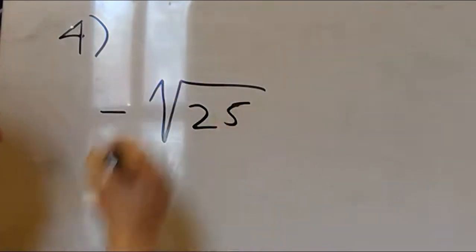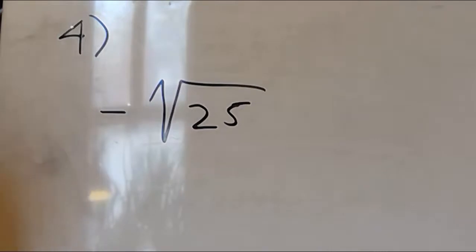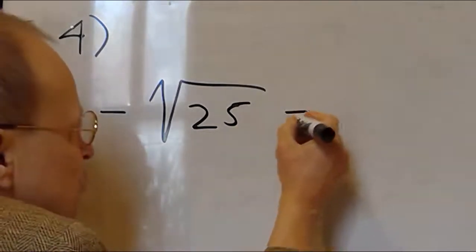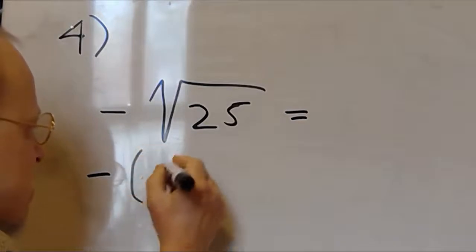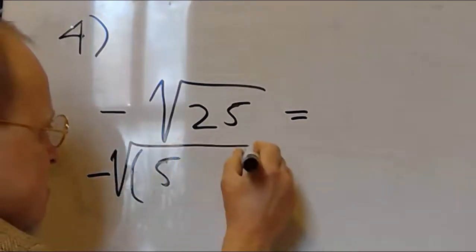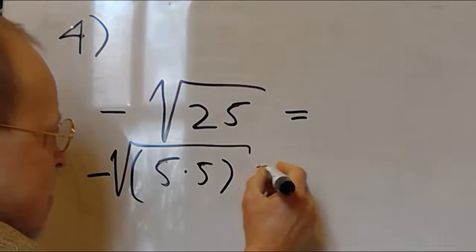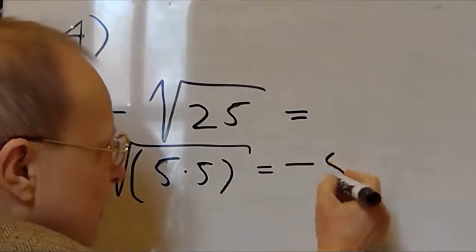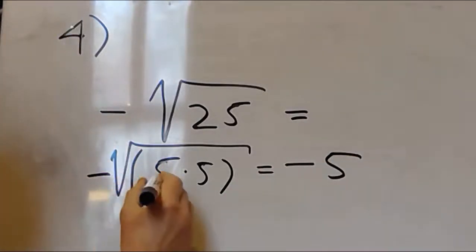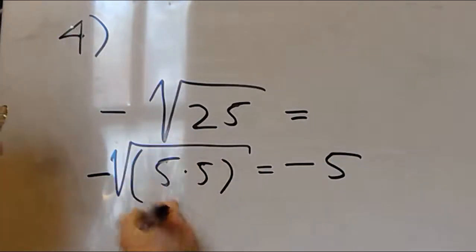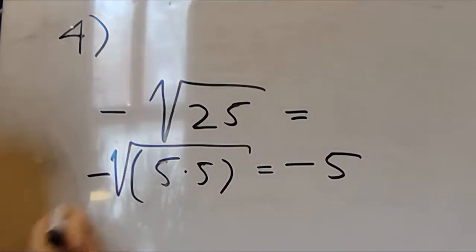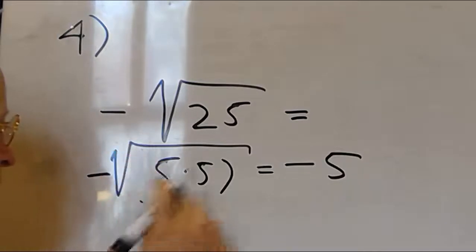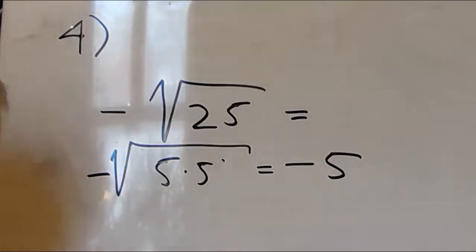If we have an even index, that's okay, because it turns out this is equal to negative 5, because we just end up taking the square root of this, putting the negative sign on it because it's outside of all of this, and we get a final answer of negative 5.